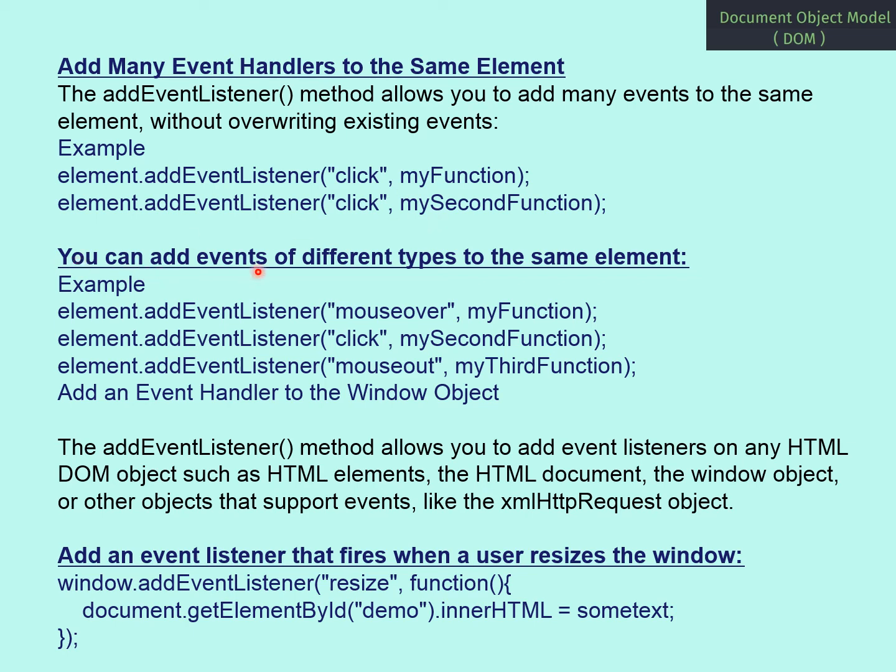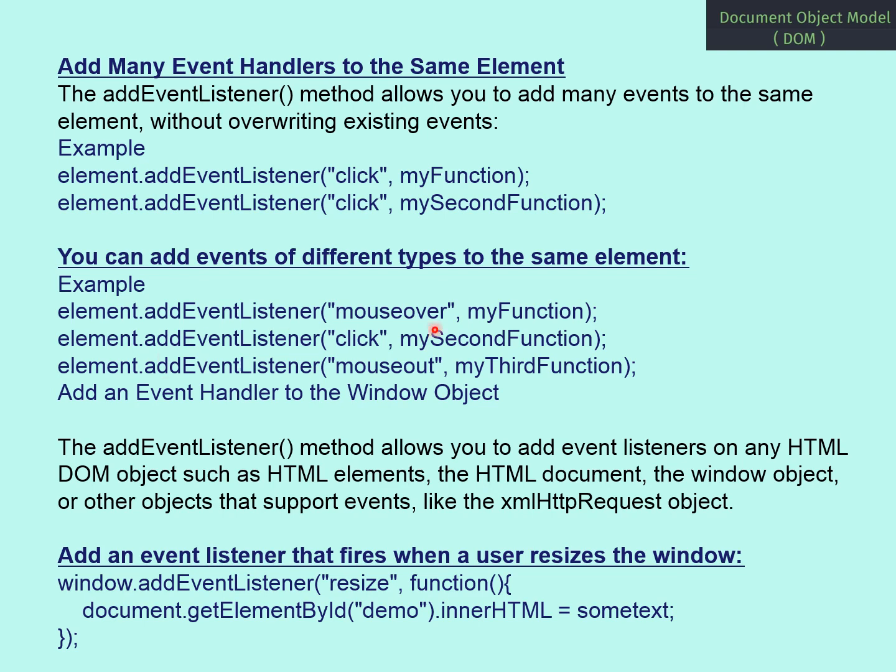You can add events of different types to the same element. Here you can see element dot addEventListener of mouseover, myFunction. Element dot addEventListener of click, mySecondFunction. Element dot addEventListener of mouseout, myThirdFunction. In these three lines, for the same HTML element, we are adding three types of events.